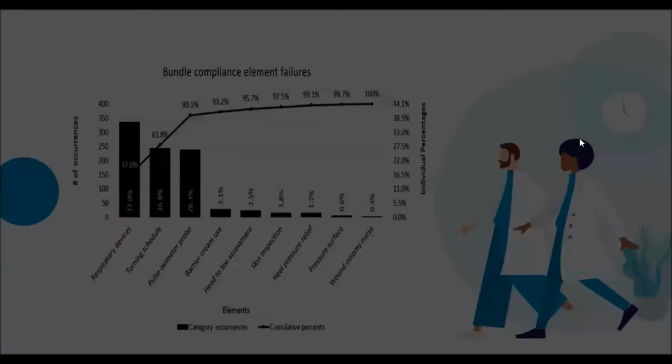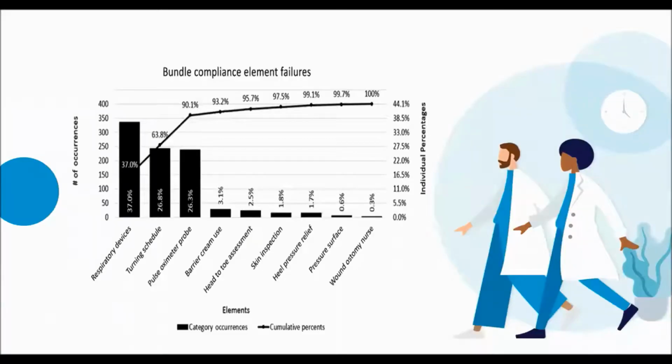Pareto chart, it was divided into several categories. From your experience, what is the vital few in respiratory devices? It was about the respiratory devices, because in the long-term ventilated unit there will be the respiratory devices and the oximeter probe sometimes. Excellent.